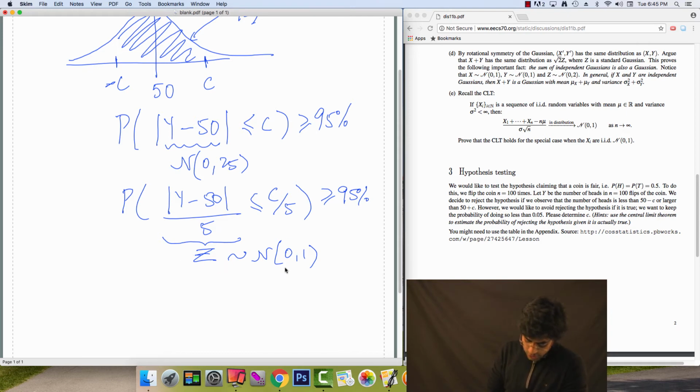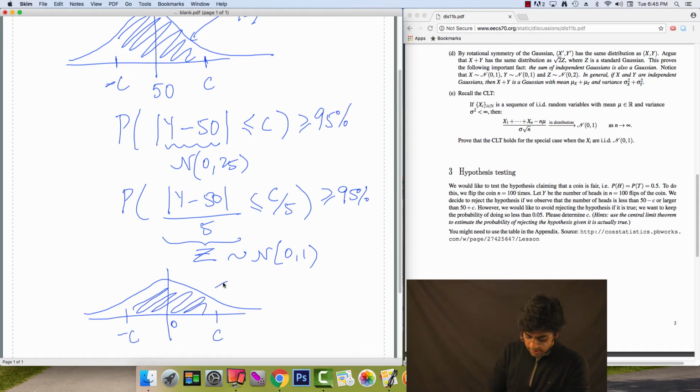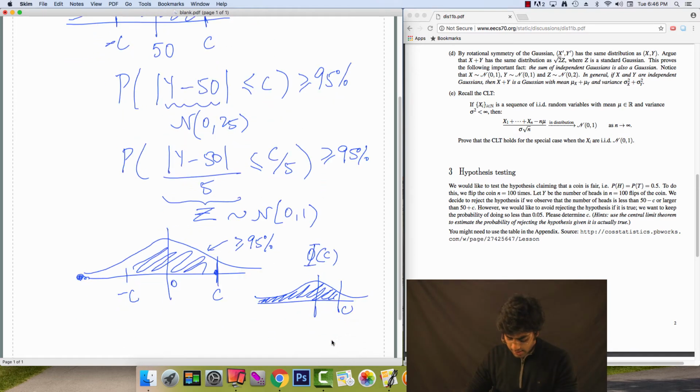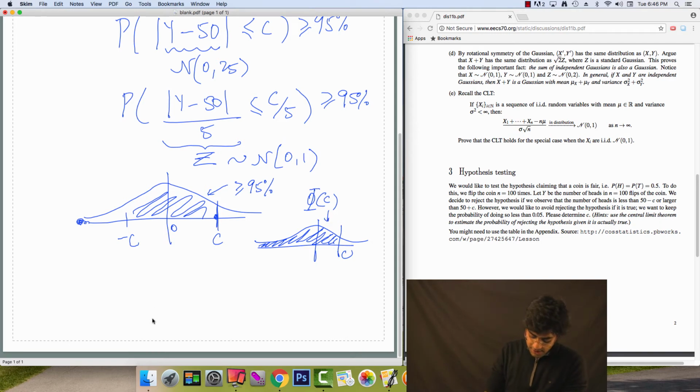Okay, now that this is true, what I really want is for a standard 0, 1 normal, I want to find a constant c such that within this region, this probability is greater than or equal to 95%. Now, for any given c, the probability from here all the way to the end corresponds to phi of c.